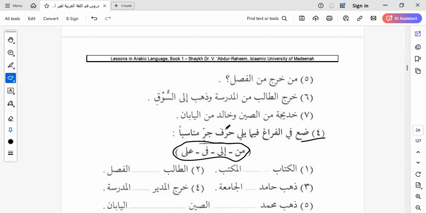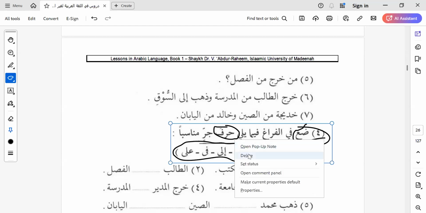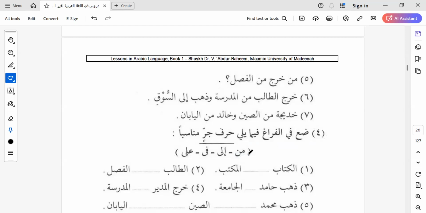حرف is mansub because it is مفعول به, an object of ضع. ضع is a verb, place or put, while حرف is its object, that is its مفعول به. All right, so is that taken, right?